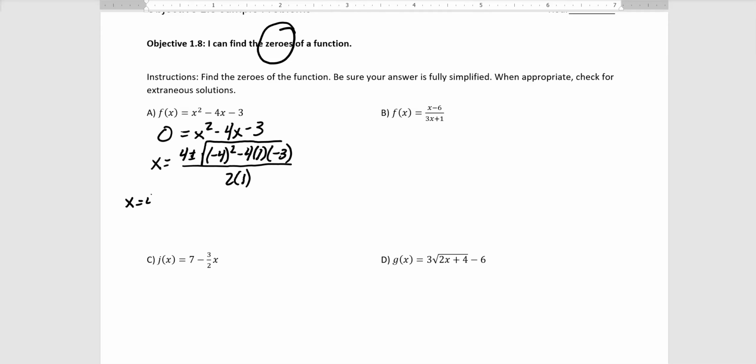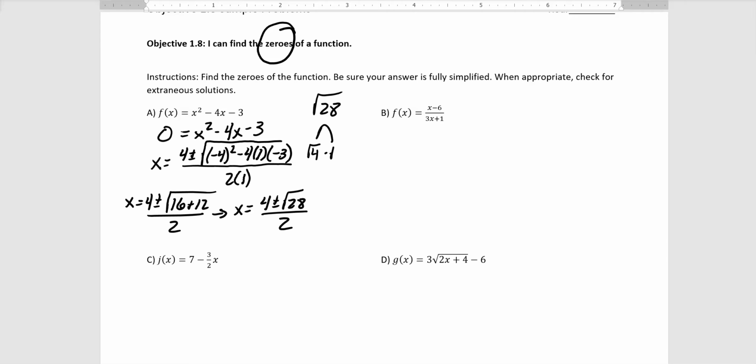So x will equal 4 plus or minus the square root of 16 plus 12, over 2. So this will become 4 plus or minus the square root of 28, over 2. Square root of 28, simplifying radicals, we can do that. 28 is the square root of 4 times the square root of 7, so 2 root 7.